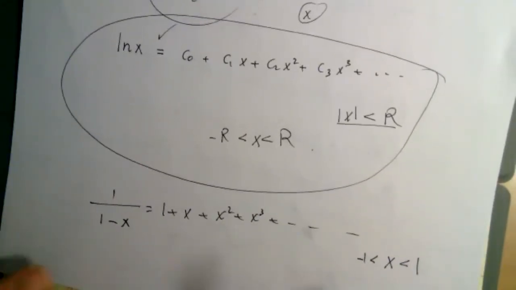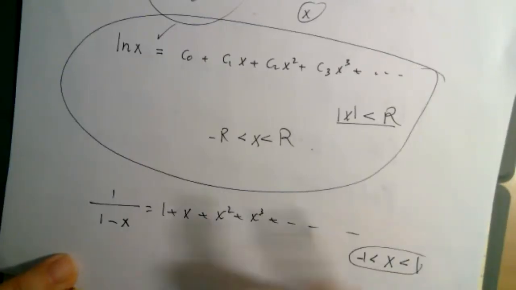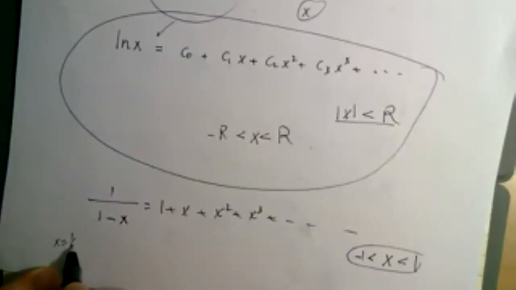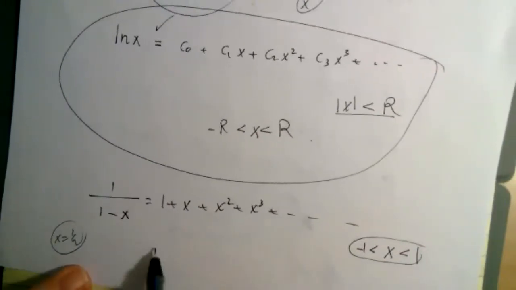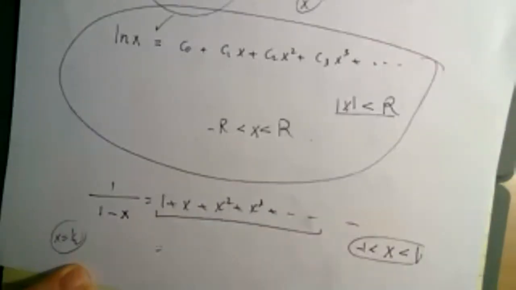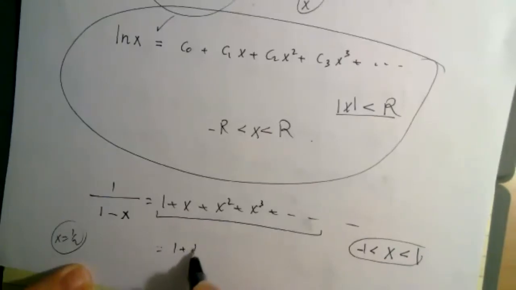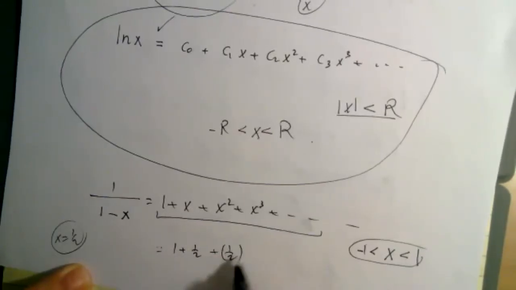What does this mean to us? It means if I take any number x between minus 1 and 1, suppose I take x equal to a half, and I plug it in this sum here and start adding those terms, that's really what it means.